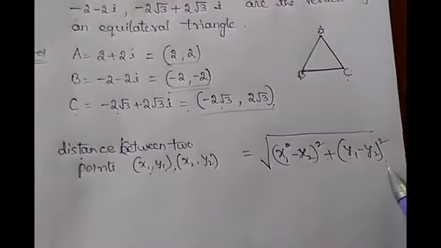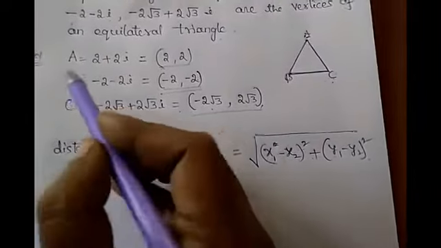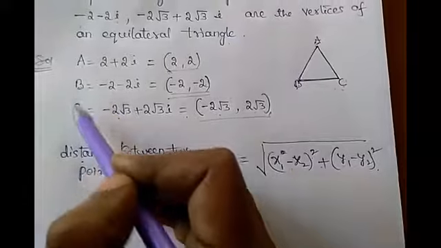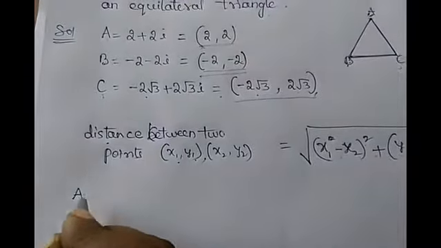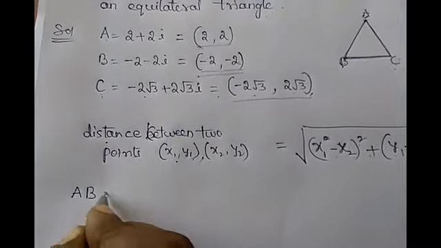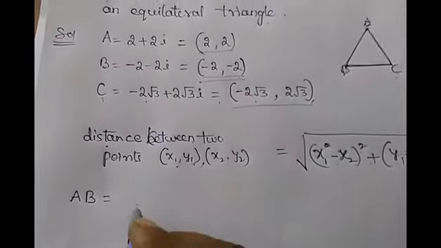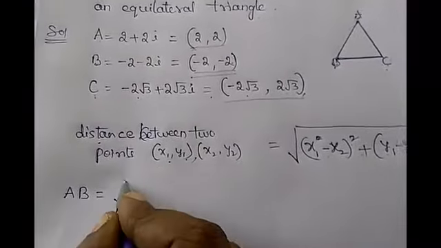By using this formula, you get the distance between AB, BC and AC. Now, find out the distance between the two points A and B, that is, the length AB. AB is equal to what?